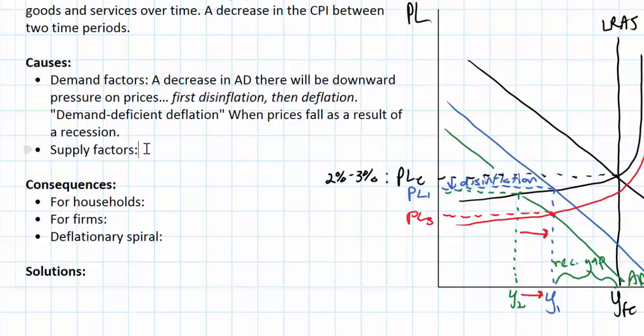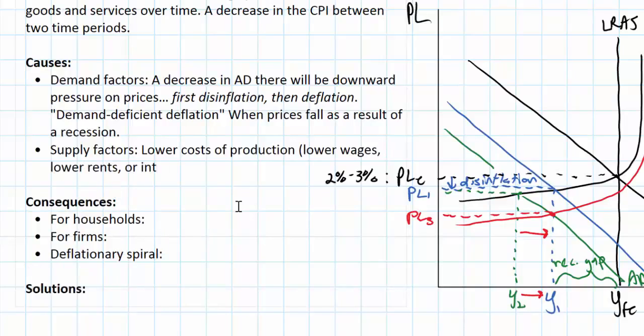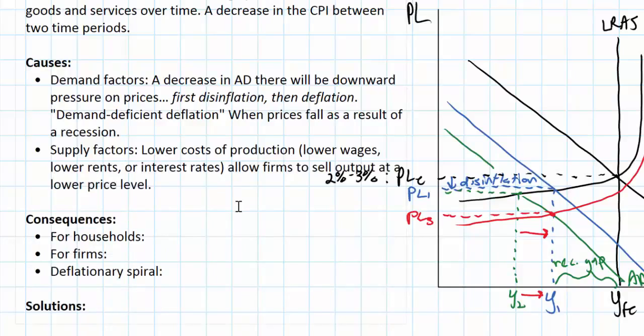And we've already shown how aggregate supply can change to cause deflation as well. Lower costs of production, including lower wages, lower rents, or interest rates, allow firms to sell their output at a lower price level. When aggregate supply shifts out, short-run aggregate supply shifts out. That's an increase. Deflation results.